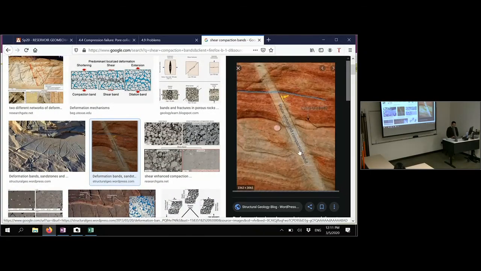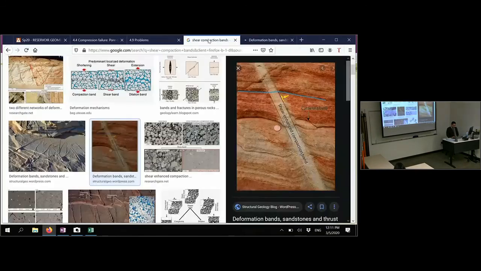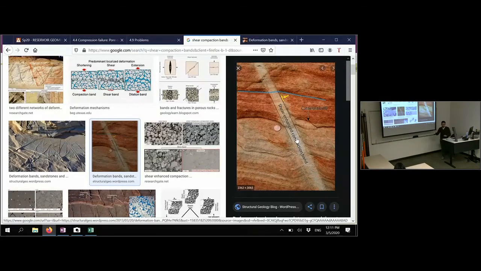Because if you have these shear-enhanced compaction bands, do you think that that's going to be a good path for enhancing permeability, or it's going to be a barrier for fluids to flow? So will it be a highway for fluid or a barrier?